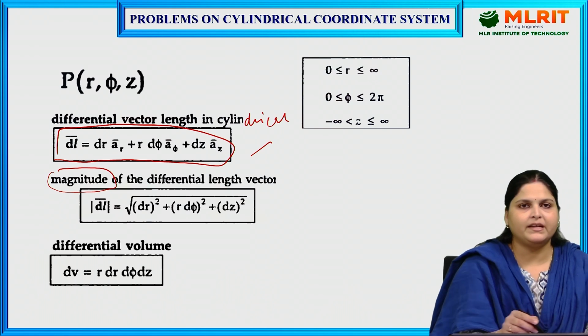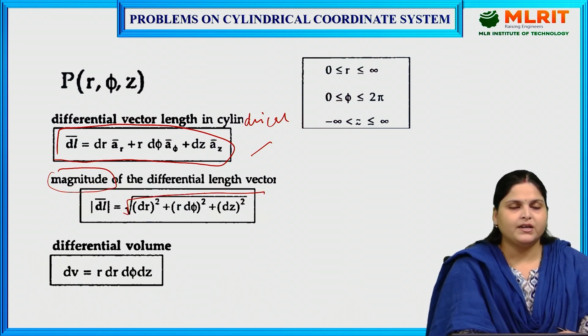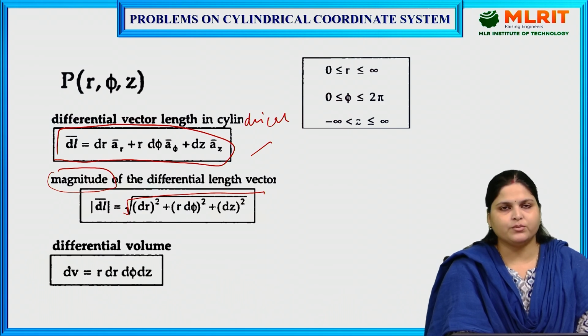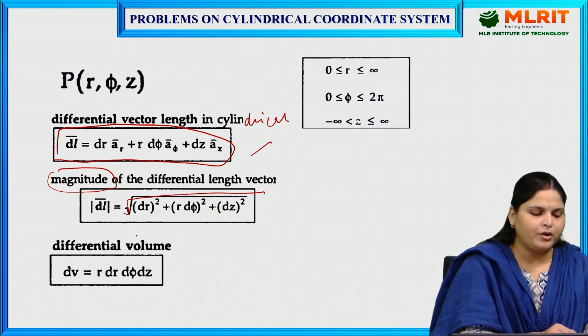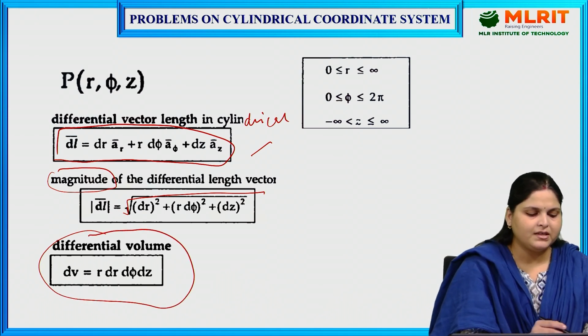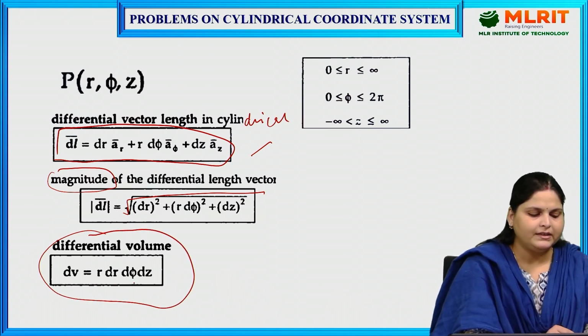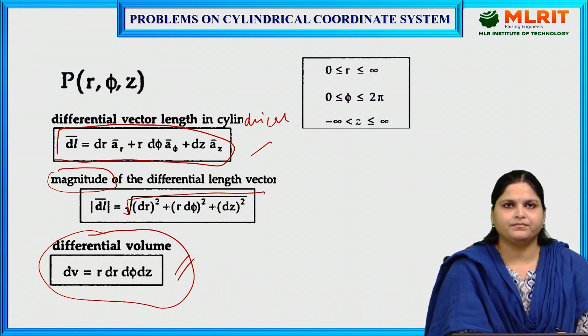It can be written as square root of dr square plus (r d phi) square plus dz square. Now the differential volume can be written as r dr d phi dz, right?